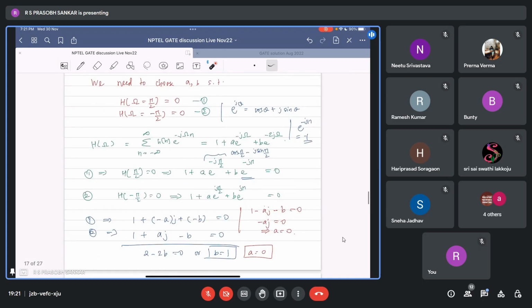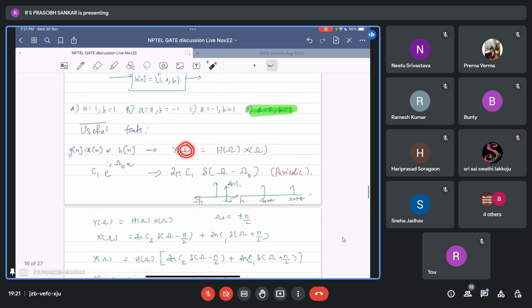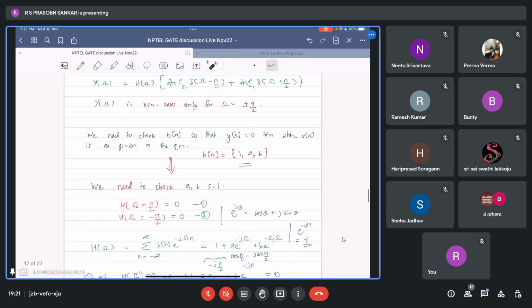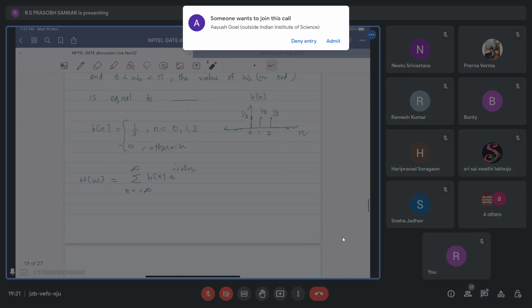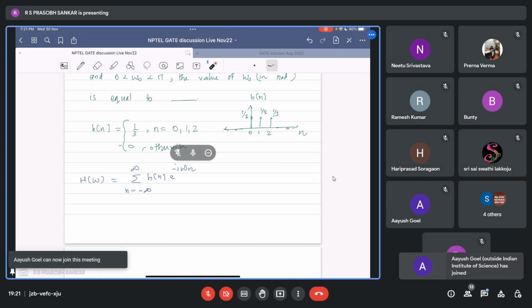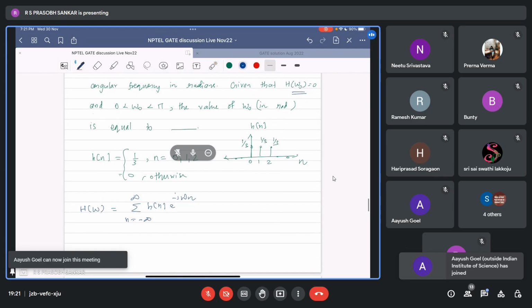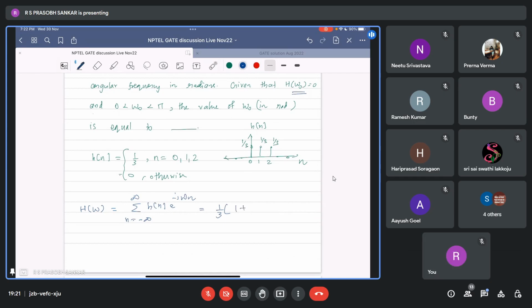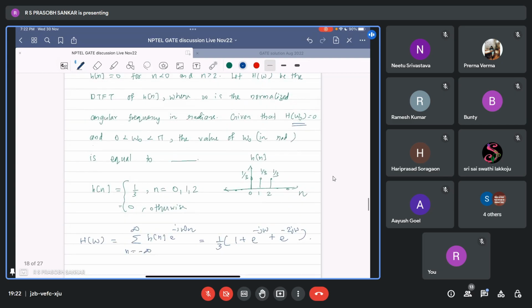In the previous question I was using the other omega. They are the same thing. So this will be 1 by 3 times 1 plus e raised to minus j omega plus e raised to minus 2j omega. This is the DTFT of the given system's impulse response.